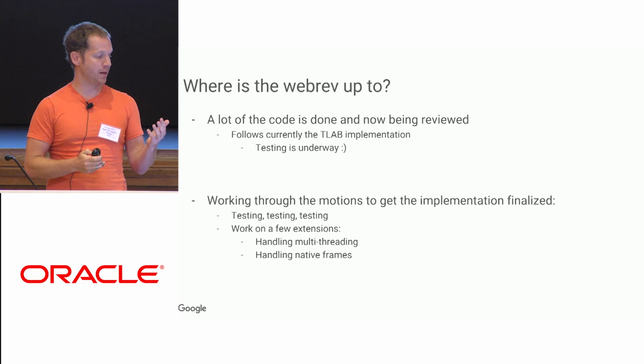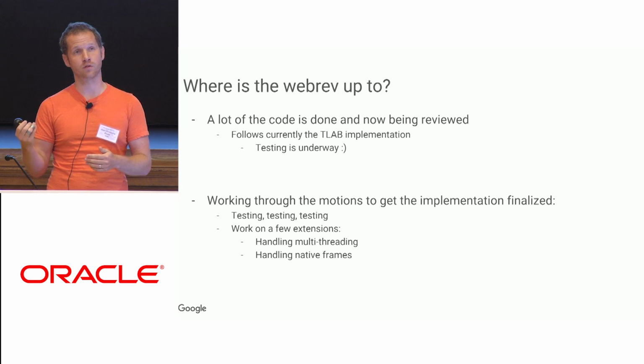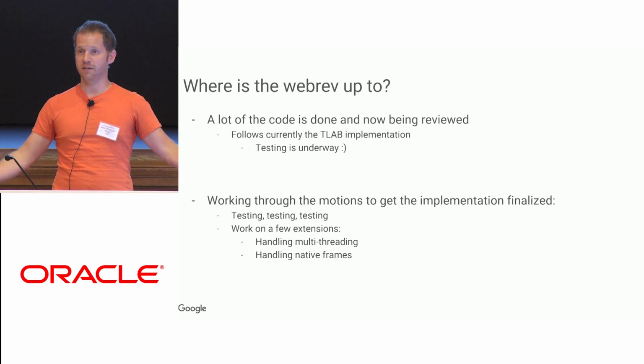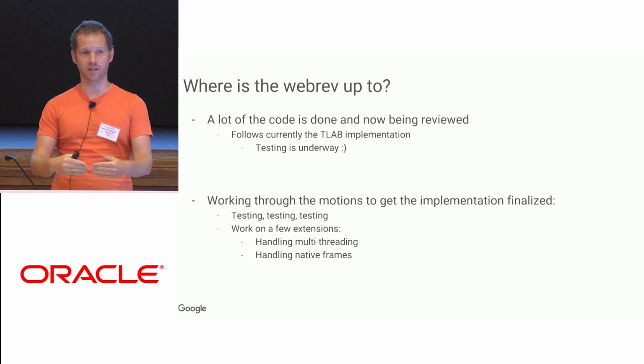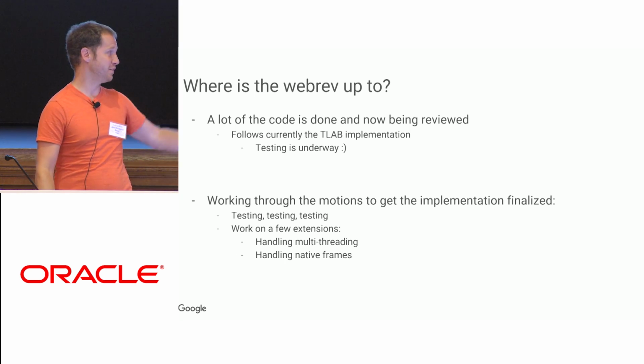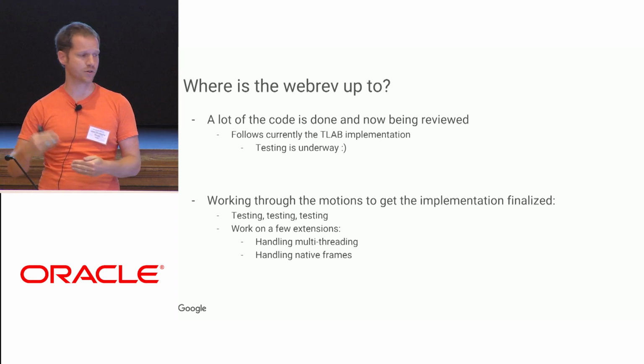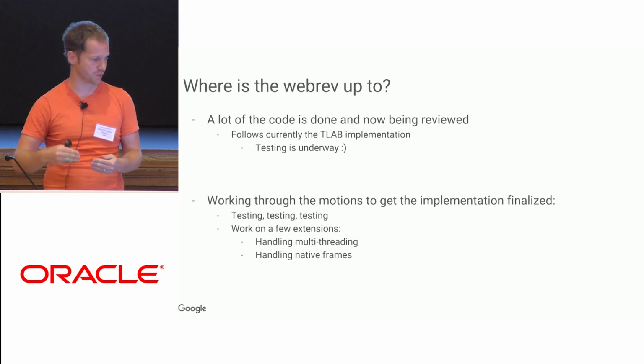We have internally a version that handles multi-threading, because if you have multiple threads hitting your common storage without any protections, that sounds like a bad idea, and ThreadSanitizer would yell at you. For simplicity right now, that's out of the WebRev and will be added as a future item as we move forward.